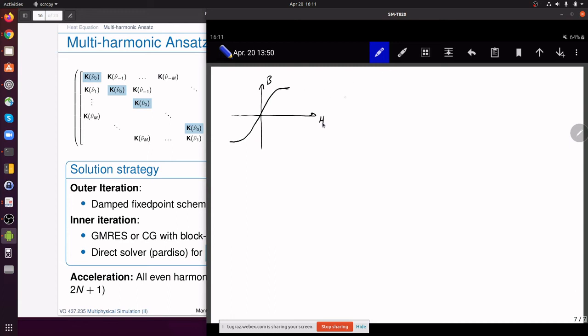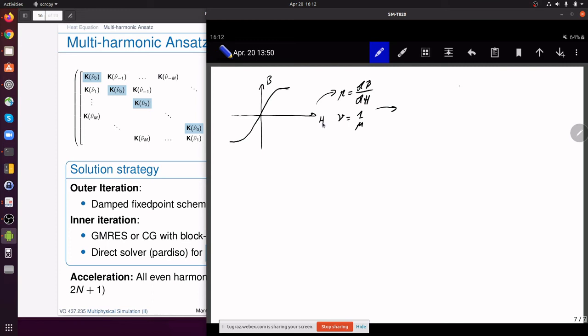And the material parameter we're using in the simulation is the magnetic reluctivity. The derivative, the permeability, is defined as dB over dH, and nu is 1 over mu.